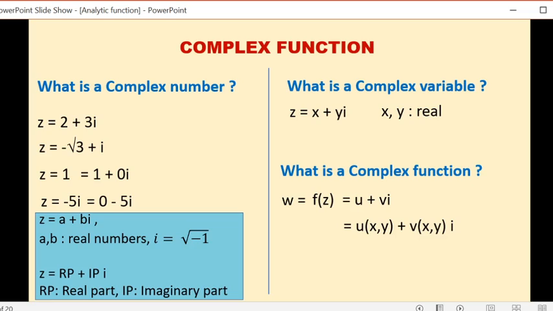Next, logarithmic function, log of x plus iy. How do we get the real and imaginary part of log z? We write it in the polar form, log of r e raised to i theta, and then we get the real and imaginary part of the log z function. And finally the exponential function, e raised to z.